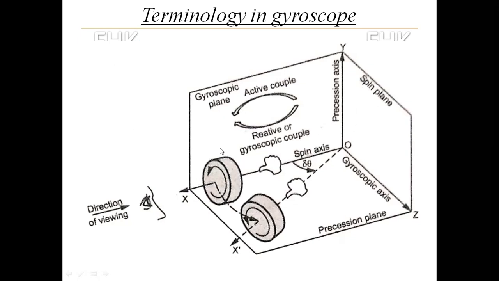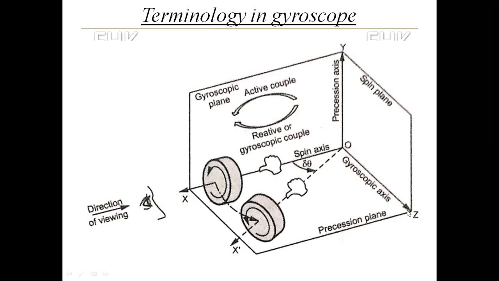From the top view you can't see the rotation of the rotor. From the front view, from this arrow direction, I'm showing with the help of the cursor, you can't see the rotation of the rotor from the front view or top view, but you can see the rotation of the rotor from the arrow direction. So that shadow you can see on that plane, and that plane is called the spin plane.